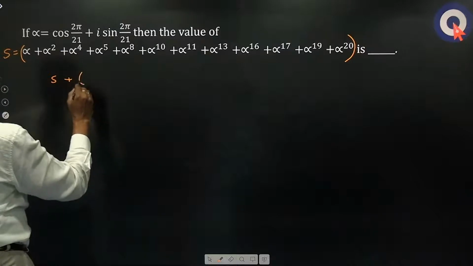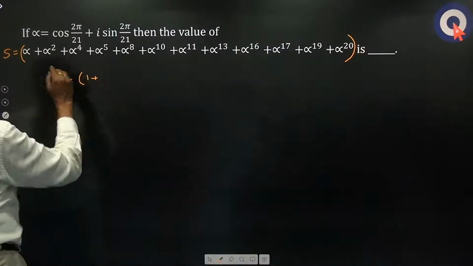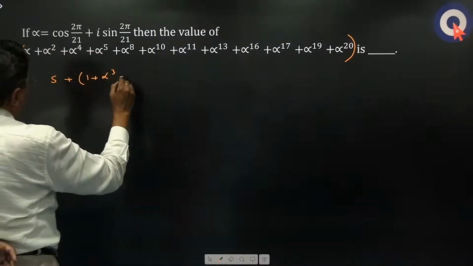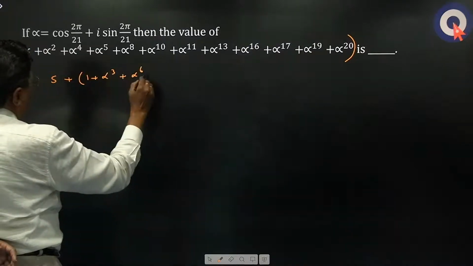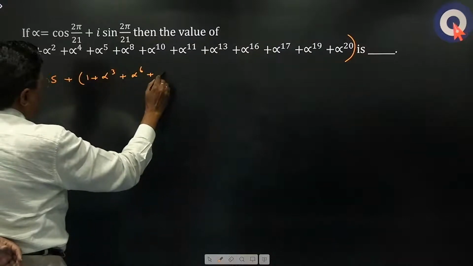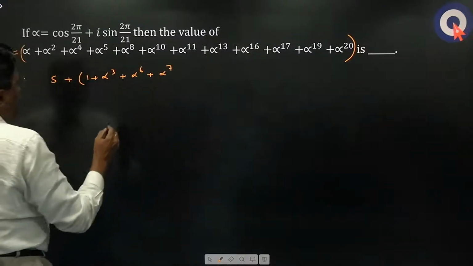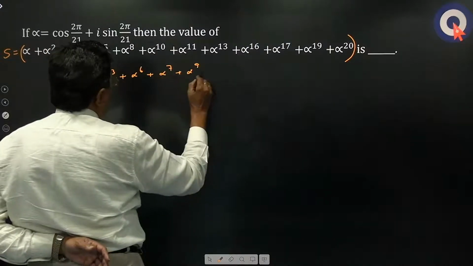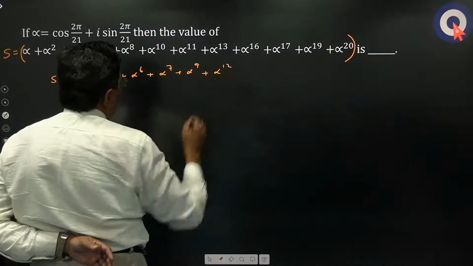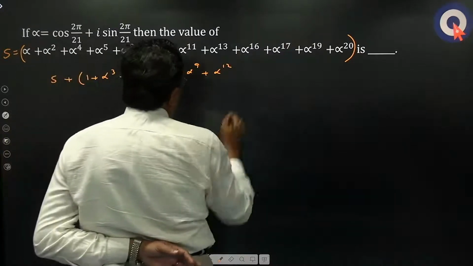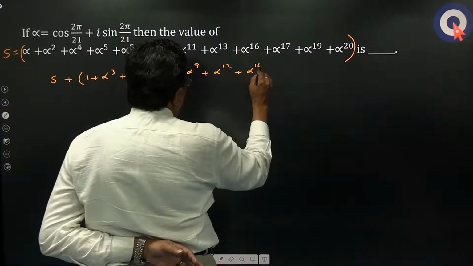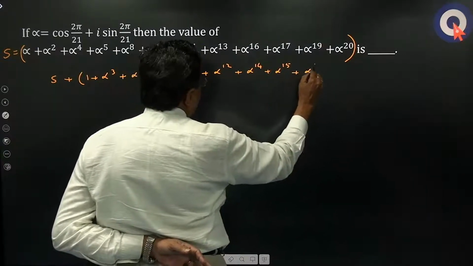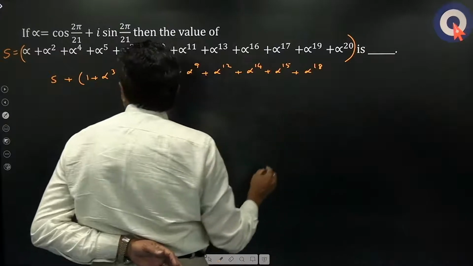Missing terms are 1, alpha square, alpha cube is missing, alpha power 4, alpha power 5, alpha power 6 is missing, alpha power 7 is missing, alpha power 8 is there, alpha power 9 is not there, alpha power 10, alpha power 11, alpha power 12 is not there, alpha power 13, 14 is missing, 15 is missing, 16 is there, 17 is there, 18 is not there, 19 is there, 20 is there, fine.